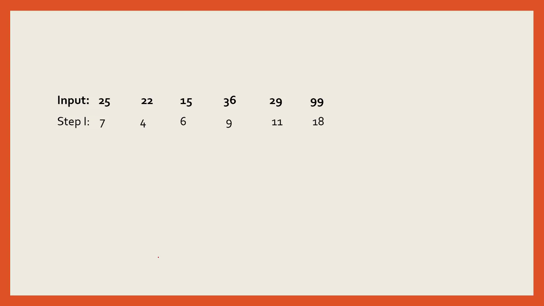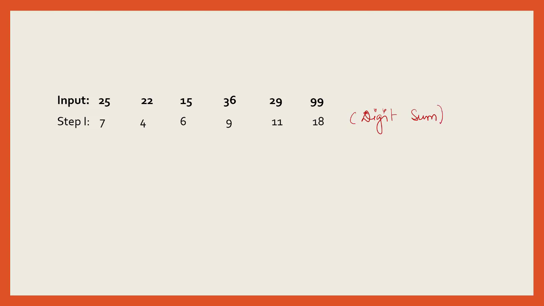The other possibility to try would be digit sum. If we check the digit sum of each number in the input, we see that in step 1 we have simply written the digit sum of each number.